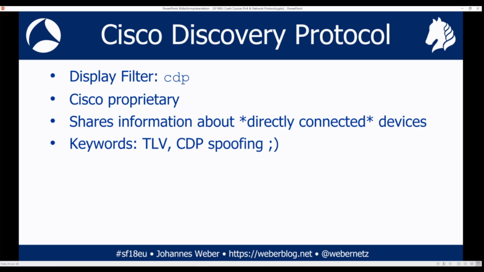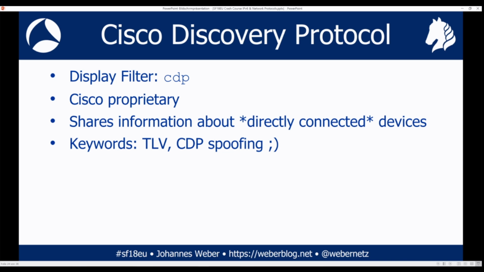And for example, they are saying, hey, I'm a switch, I have this platform running, I have this operating system version, I have this MAC address, and so on. So CDP, from a networker's perspective, is quite good, because when you have a third-party company who shall plug in some switches and you're not quite sure whether they have plugged them in correctly, you can go to your switch, run show CDP neighbors, and you can see to which port they connected which switch or router or whatever.